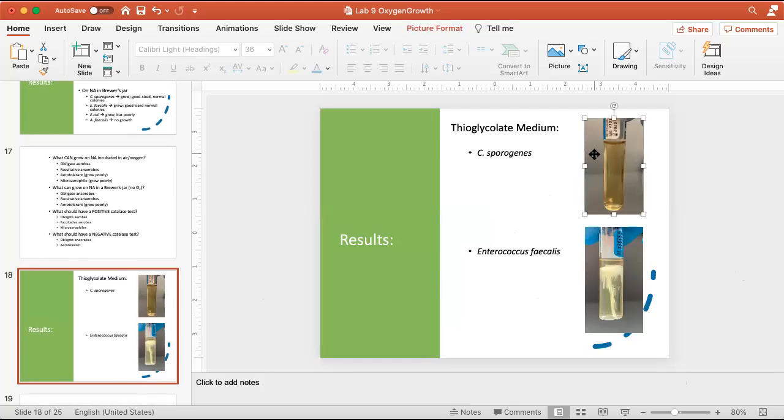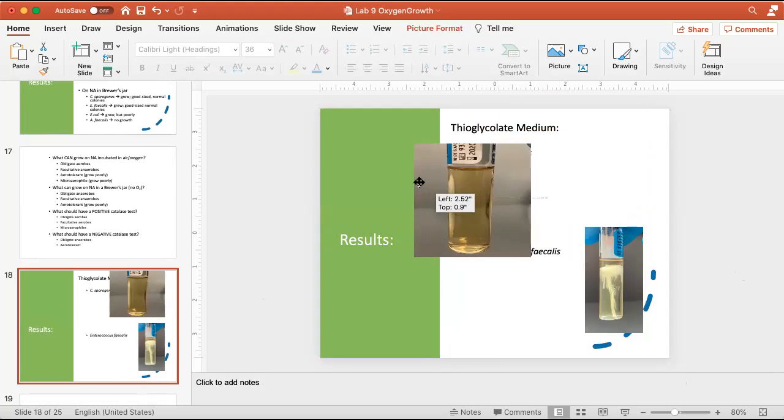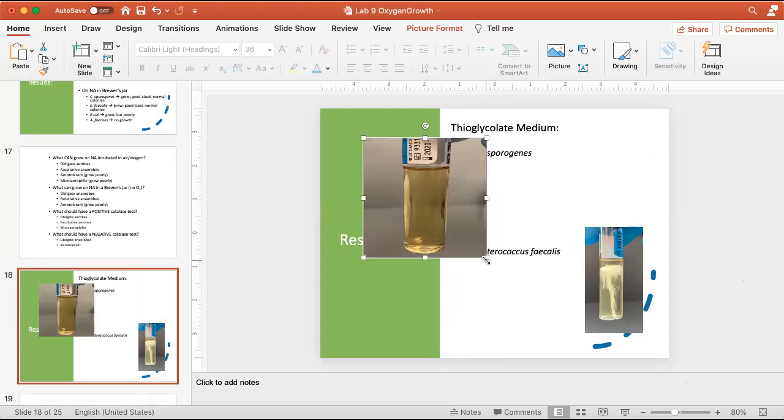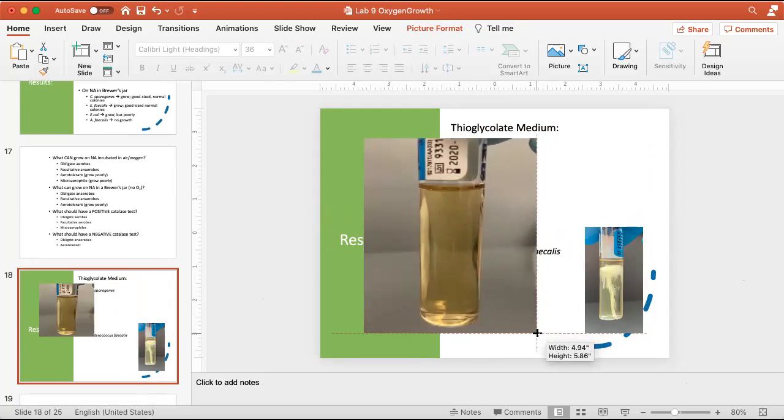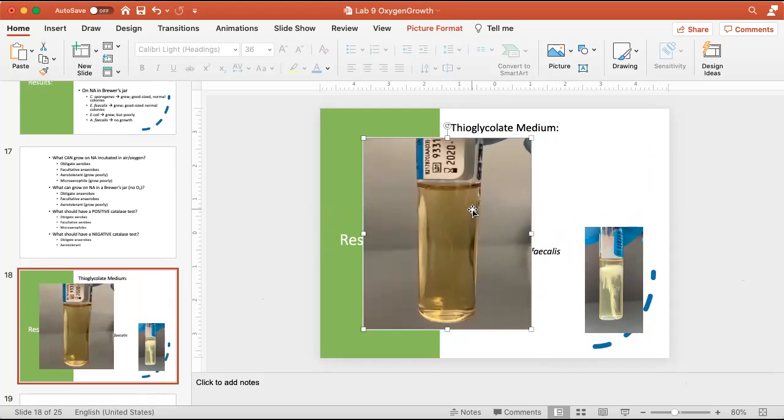Here is the Clostridium sporogenes tube. Now, this is a good lesson in how things don't always look like the textbook, right? Here's the thioglycolate. Remember, the oxic zone is going to be the top 20 to 25% of the tube. We don't have any indicator dye in here, so we just have to eyeball it.